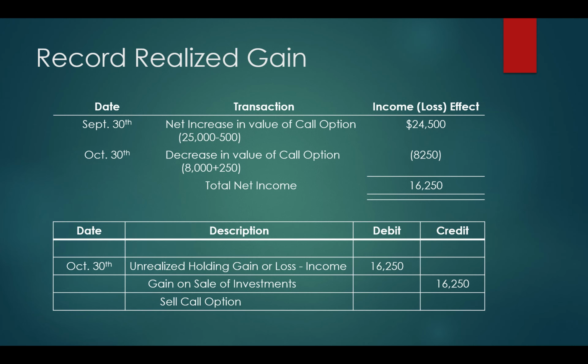To record the gain, we transfer the unrealized gain to a gain on sale of investments account to realize the gain of $16,250. And that's it. We have recorded the various entries for purchasing and selling a call option, as well as adjusting its value. We can post the entries to the general ledger and we're done.